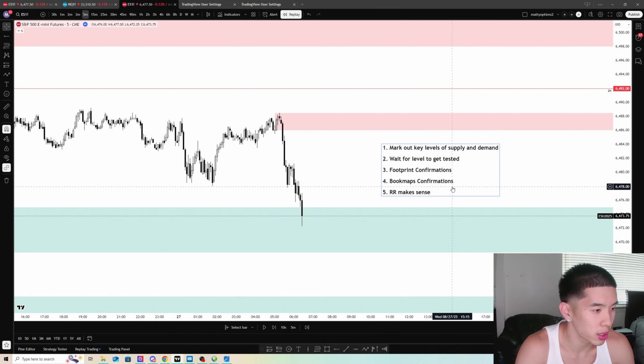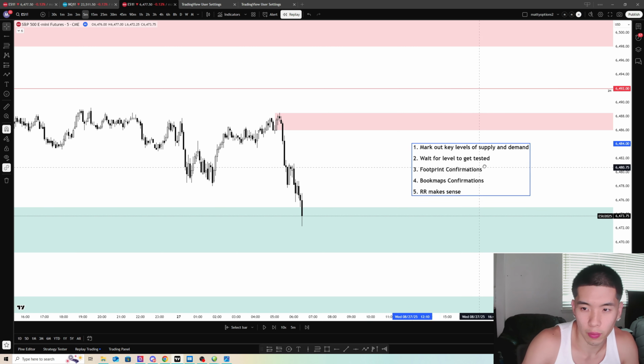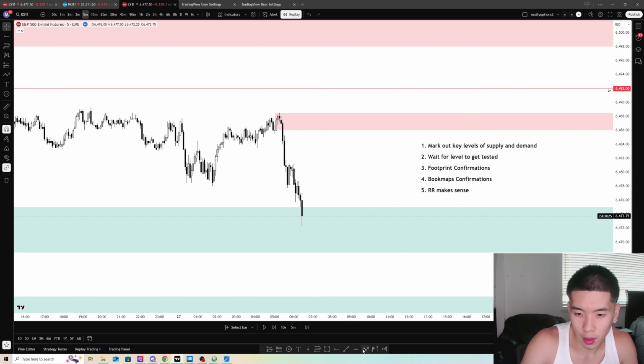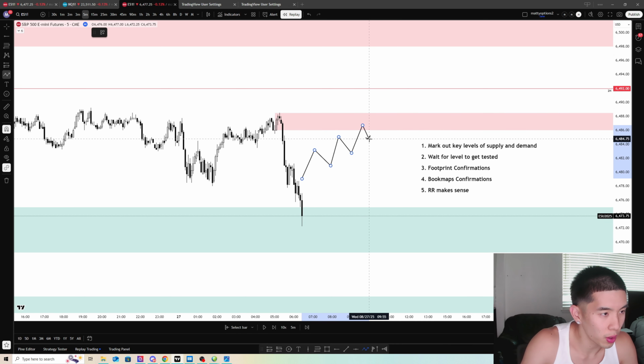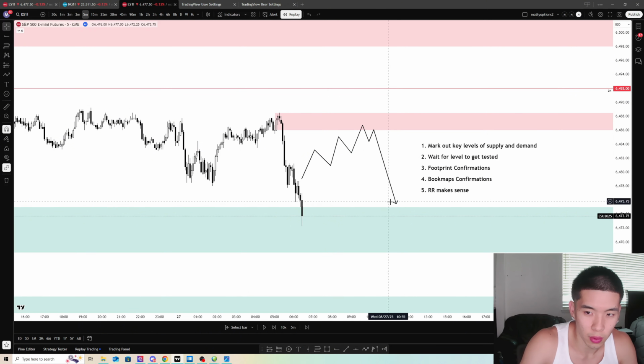And for a supply zone, it would just be the same thing but opposite. So for a supply zone, if we were to reach up here, let's say price went up to the supply instead of demand, I would look for a lot of buy volume going on with no follow through and strong aggressive selling stepping in on the footprints and Bookmap to short it down to the next level, right?